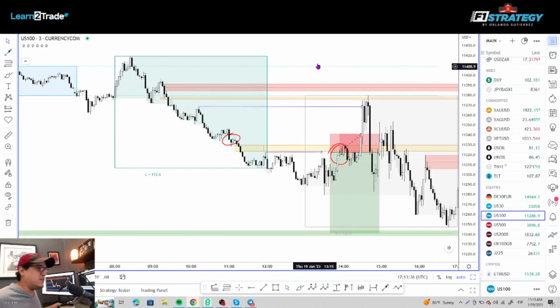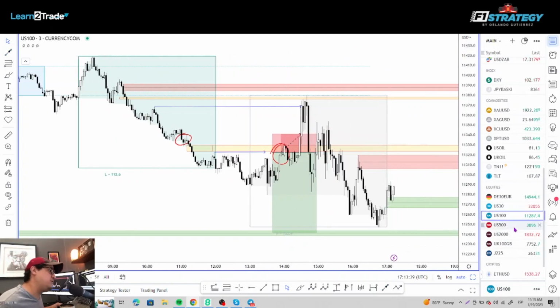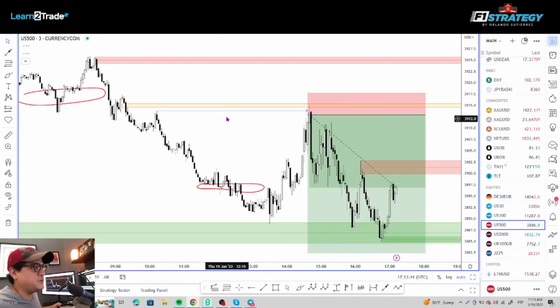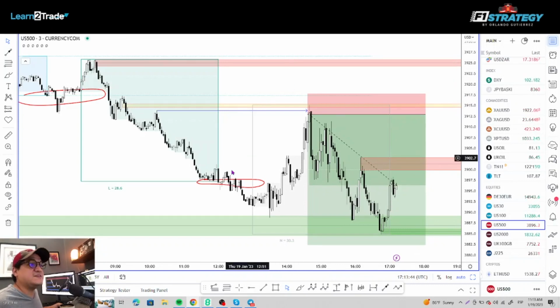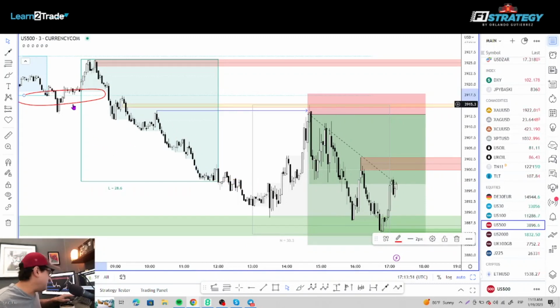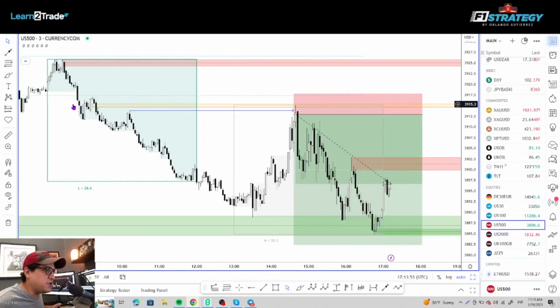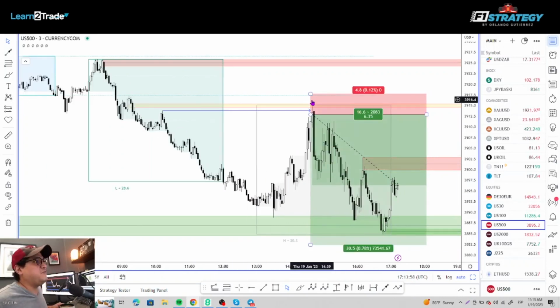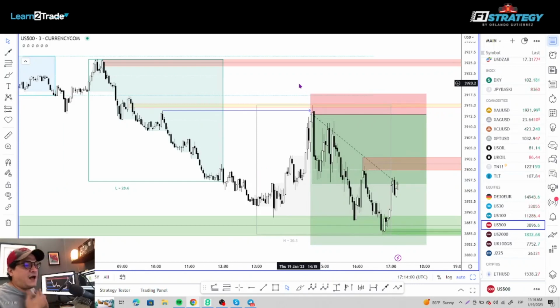Now, I didn't take a short on the Nasdaq because the S&P 500 had a much better risk to reward ratio, and this is my S&P 500 short at the open, right? That Nasdaq short was a mistake. I shouldn't have ever traded it because I don't trade pre-market, right? I trade the open, and because the open gets very volatile, I hate holding trades through the open, which is what happened with the Nasdaq.